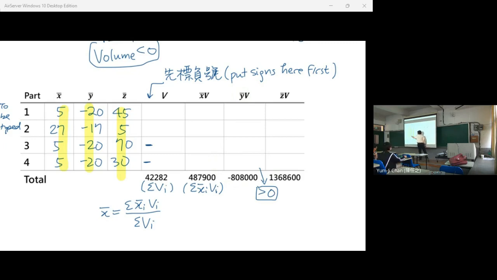The answer is, we have written down v is smaller than 0, and y bar is smaller than 0. So this one is equal to minus v times minus 20. 负负得正 (a negative times a negative is positive), so minus v times minus 20 is larger than 0. So remember, put negative signs here first if you are removing material.